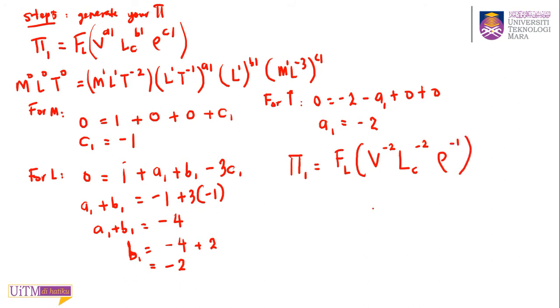So now you know the dimensionless parameter here will be equal to, this is finished, but you can write it again, F L, and because these are all minus, you divide, right? So it will be V squared L C squared times rho. So this is your pi, the first pi.